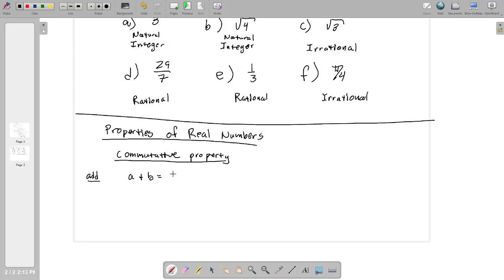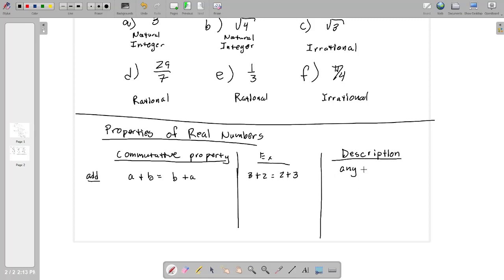A plus B is equal to B plus A. And we have an example of this. 3 plus 2 is equal to 2 plus 3. And our description over here. Any two real numbers can be added in any order.